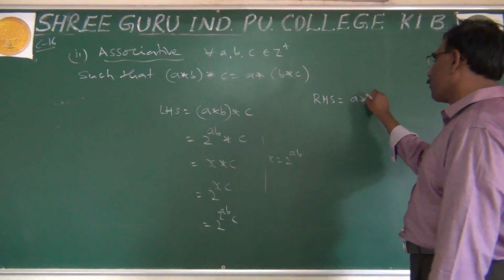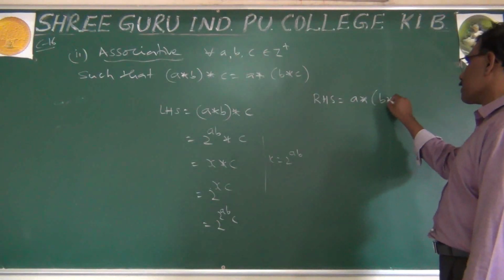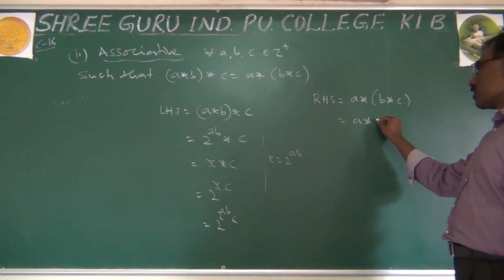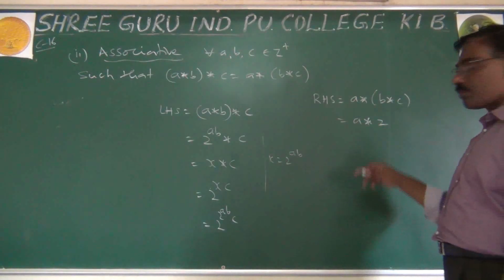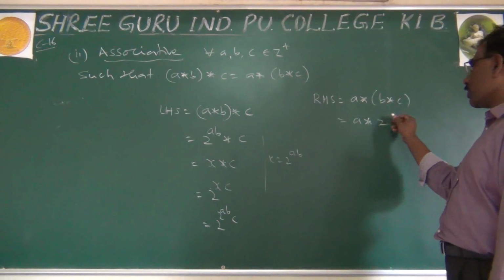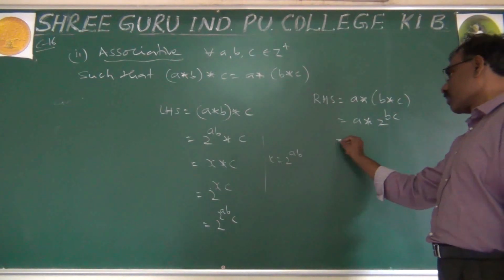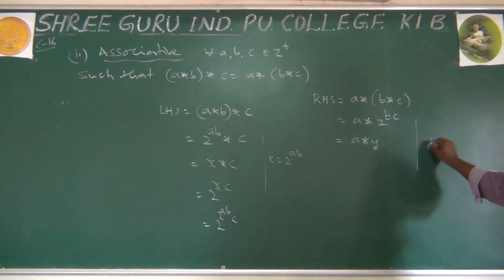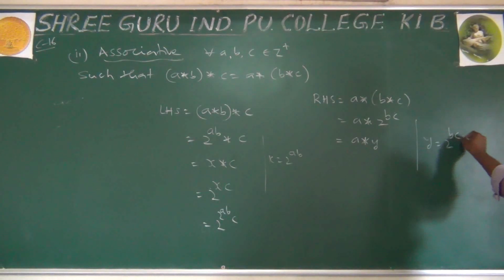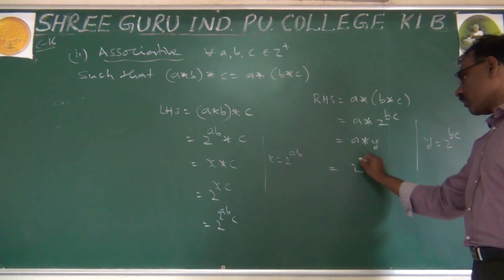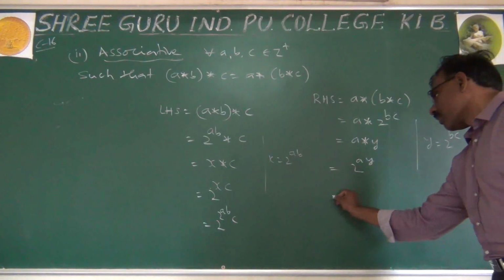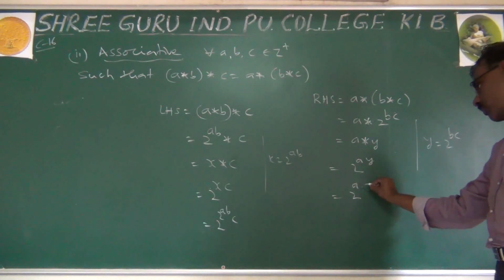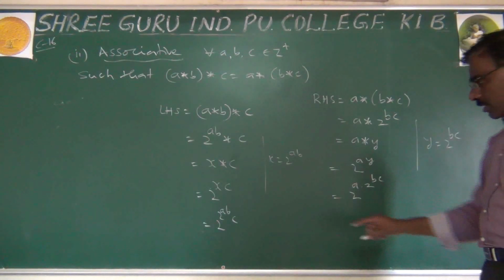See whether it equals the RHS. A star of B star C. B star C, according to how star is defined, is 2 to the power BC. Now A star Y, where Y is 2 to the power BC, gives 2 to the power A into Y, which is 2 to the power A into 2 to the power BC.